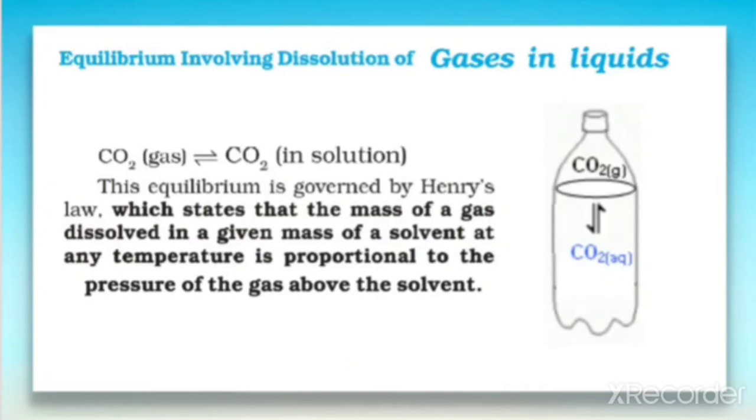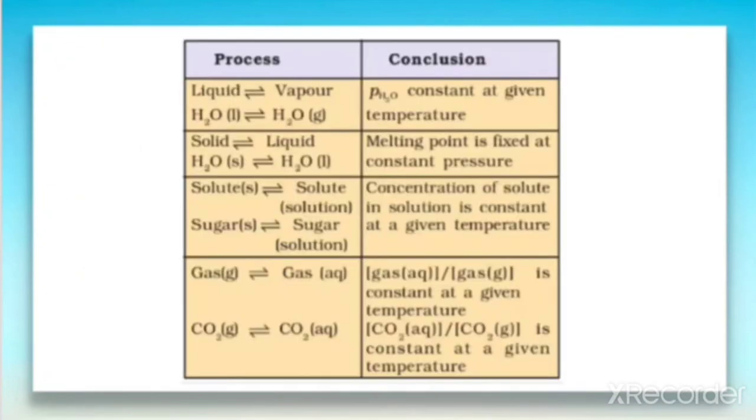Now let us see some important points related to this, that is, the process and the conclusion. In the liquid-vapor equilibrium, that is water liquid to water gas, the important conclusion is that pH2O is constant at a given temperature. Here the vapor pressure of water is constant at a given temperature.